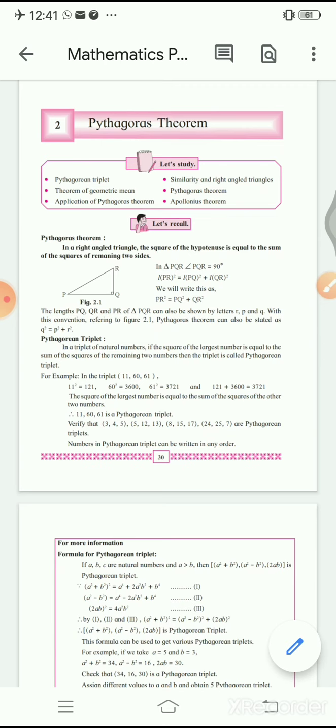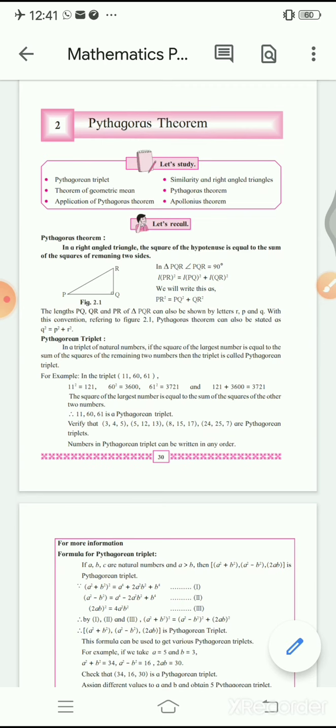First of all, Pythagorean triplet, then similarity and right angled triangles, means theorem on similarity and right angled triangles, then theorem of geometric mean, then the important theorem, that is the name of our chapter, Pythagoras theorem, then application of Pythagoras theorem in the examples, and the important property or theorem is Apollonius theorem.